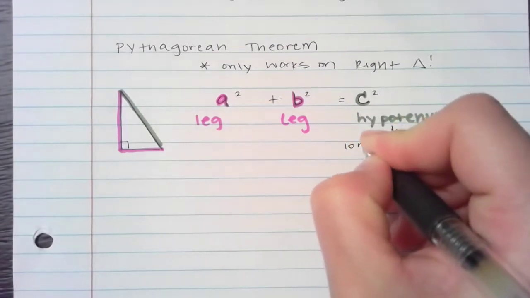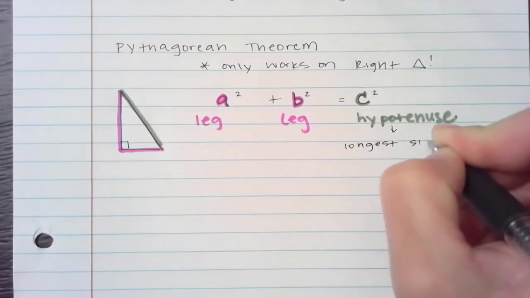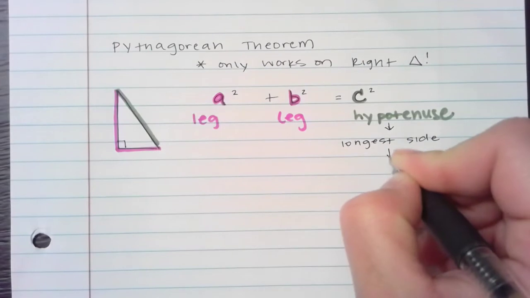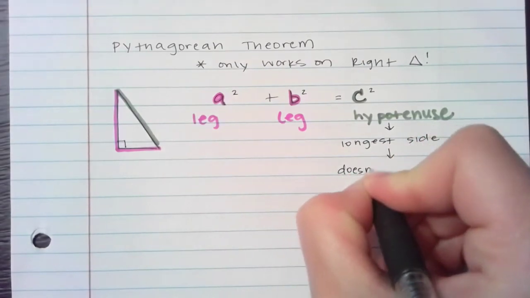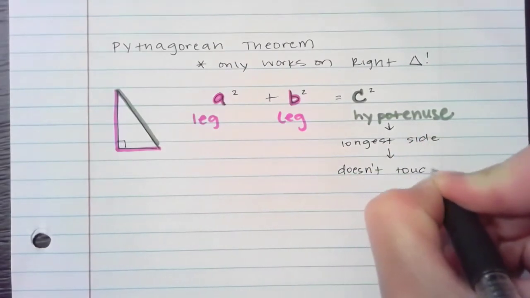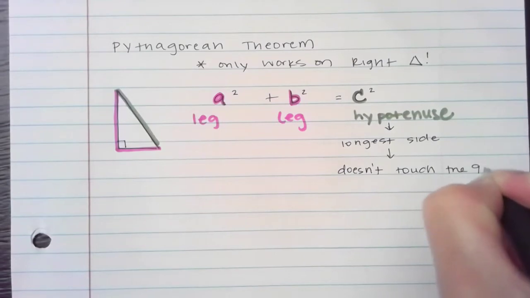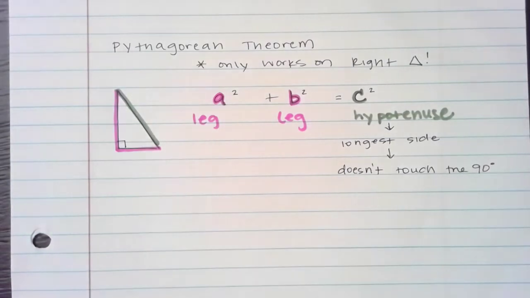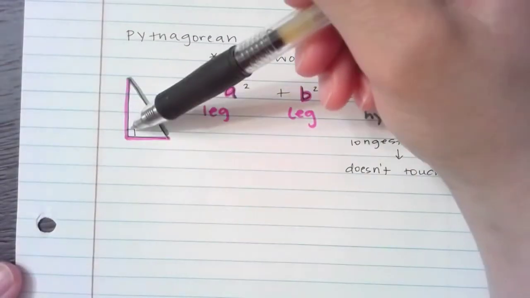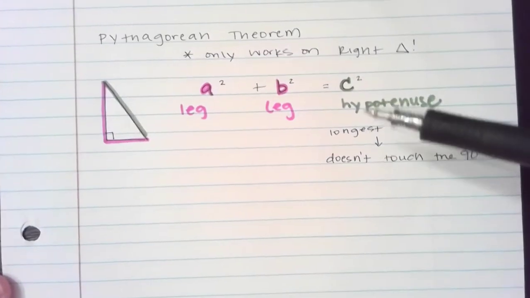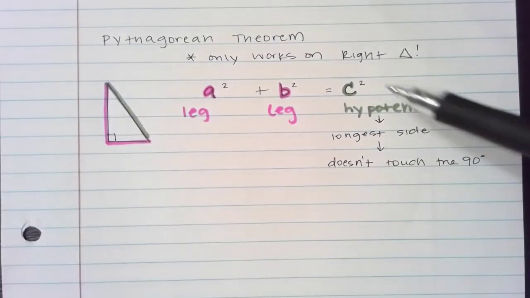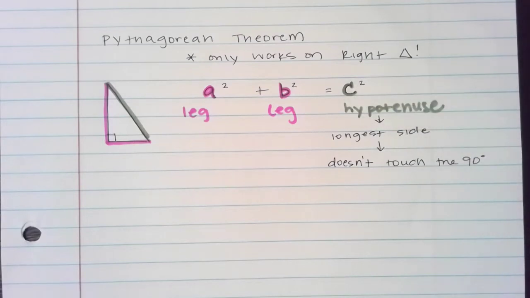That is the longest side, and it also doesn't touch the 90-degree angle. So in this case, the hypotenuse is that green there because it's not touching the 90-degree angle. So the hypotenuse is pretty important because that's the one that matters. That's the one that needs to be on the side opposite the two legs, and it's opposite the 90 degrees.